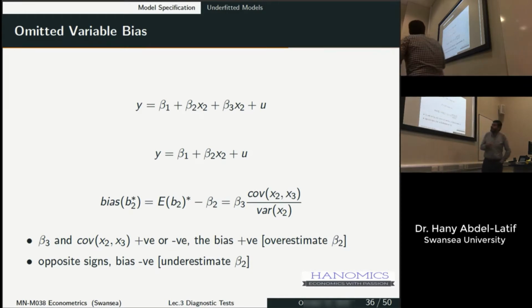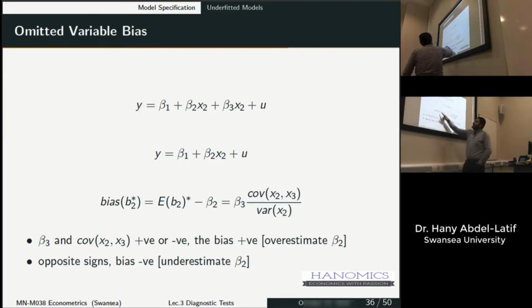Let's say this is my correct model, where y should be explained by x2 and x3. That should be x3, this is a typo in the notes. So x2 and x3. And for one reason or another, I estimated this model where I dropped x3 by mistake, or I don't know about it, or I can't measure it, or whatever reason.